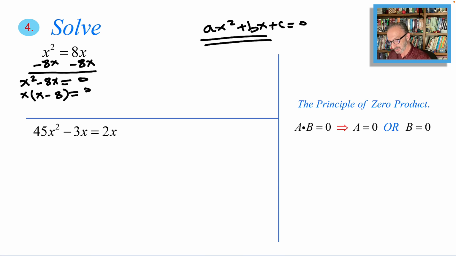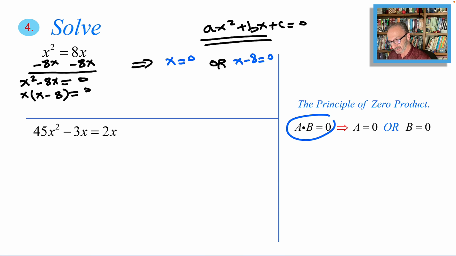With the principle of zero product, that implies 2 things. Let's write or and come back. We have either x equals 0, that's my A, using the principle of zero products, or B is 0, which is x minus 8 equal 0.